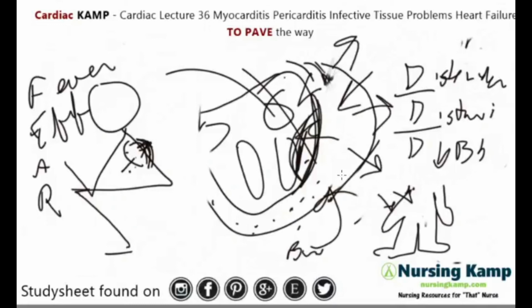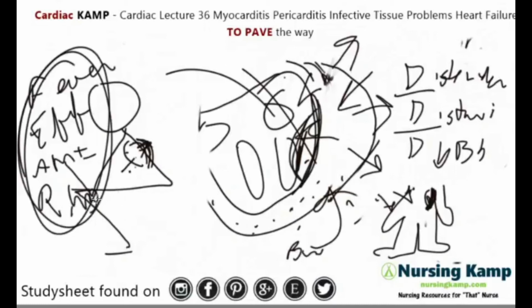So you get fluid outside the heart, these pericardial effusions. And then acute MI, they can get an MI and they get this rub. So you fear pericarditis.